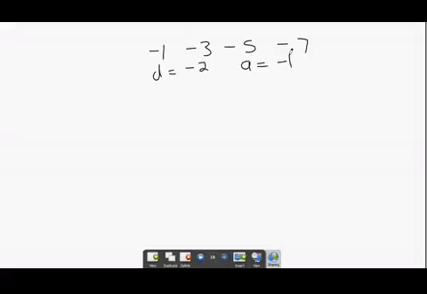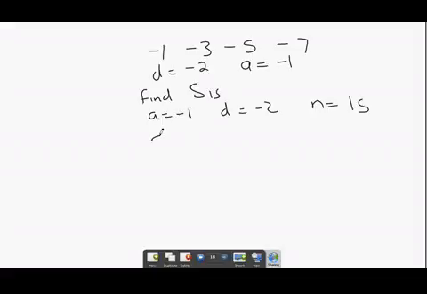Now if they say find S15, so in this case now we're going to say, because they want S15, our a is equal to negative 1, d is equal to negative 2, and our n is equal to 15.